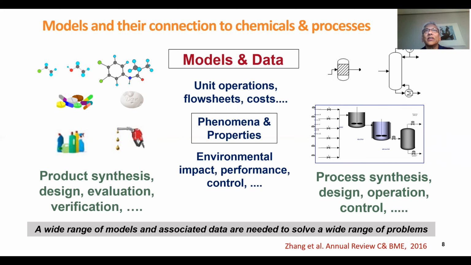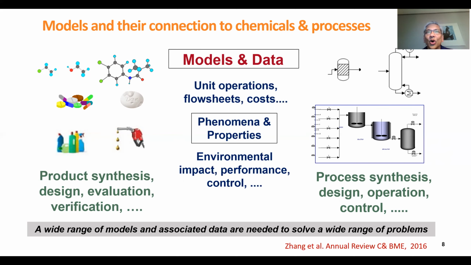So what do we need? We need the models and data, of course. When I talk about models in this lecture, I also mean data, not just equations. If we think of that, we have a process represented by a flow sheet, which consists of unit operations, and we also want to calculate the costs. We also want to look at the environmental impact, performance, control, everything.